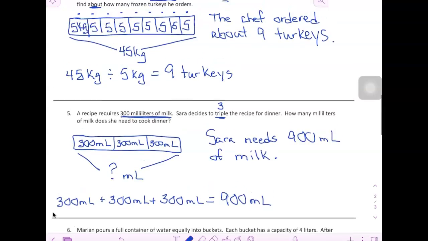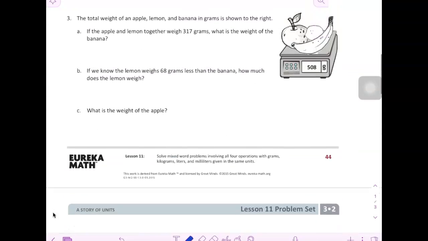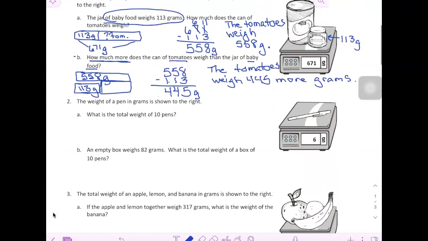Let's go back and take a look at question number 2. Let's read it together. Number 2 says, the weight of a pen in grams is shown to the right here. So the weight of 1 pen is 6 grams. What is the weight of 10 pens? What is the total weight of 10 pens?